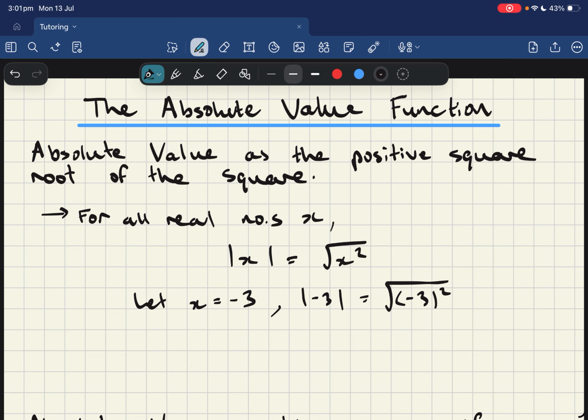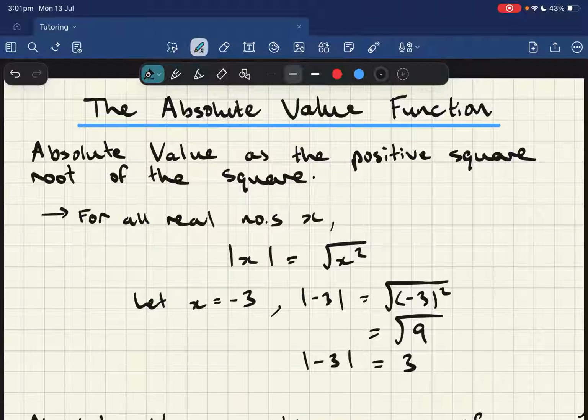Now, we know that the absolute value of -3, we did this before, so we know we're going to expect to get +3 out, but let's just verify this with the right-hand side. If I take -3 all squared, that gives us 9, and the positive square root of 9 gives us 3. So we can say, therefore, the absolute value of -3 equals 3.